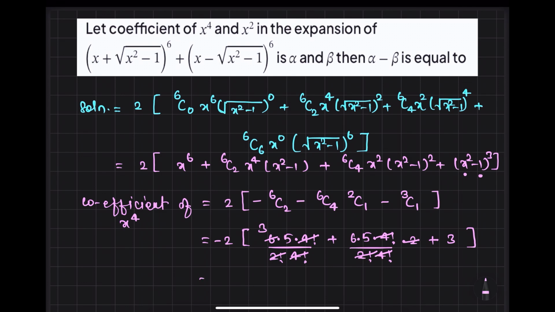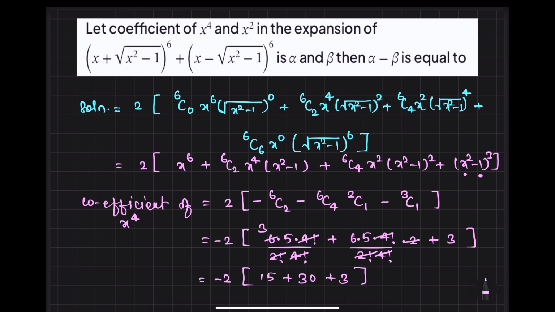Now we have minus 2, and then 15, and then 30, and then 3. Okay, so 45 and 3, so it is 48.